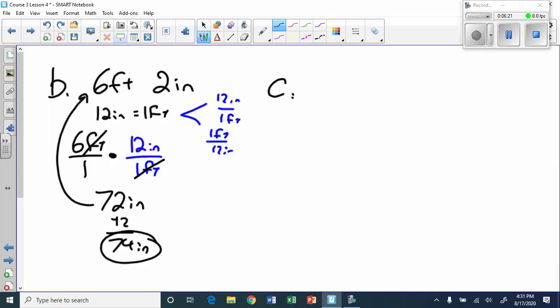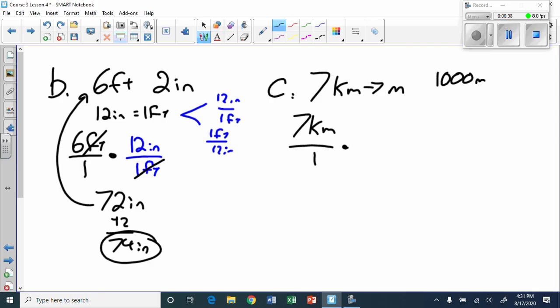All right, welcome back. As we look at C, we're wanting to change 7 kilometers into meters. So 7 kilometers into meters. Well, what's my relationship? What is going to be my constant? Well, according to our table, 1,000 meters is 1 kilometer.